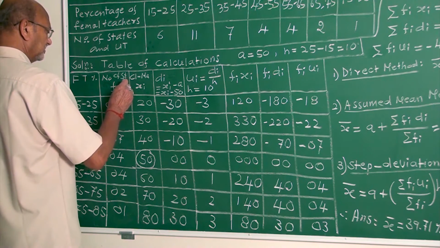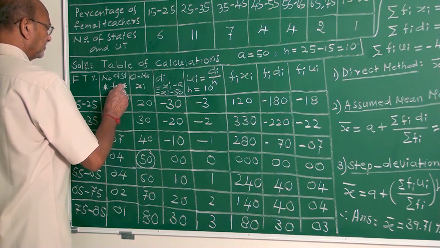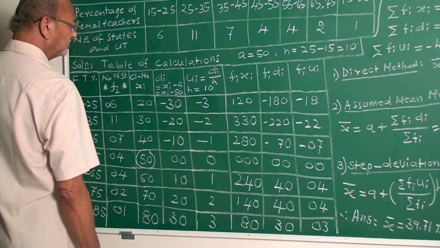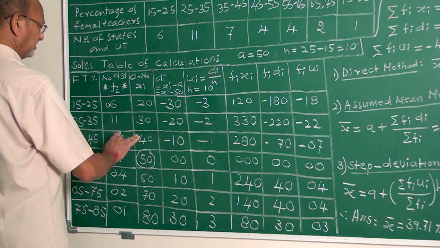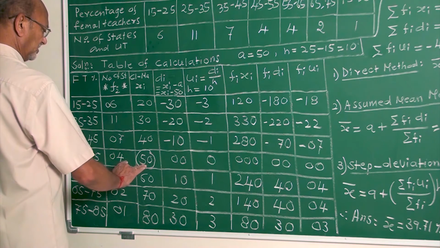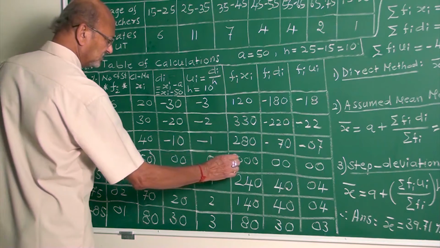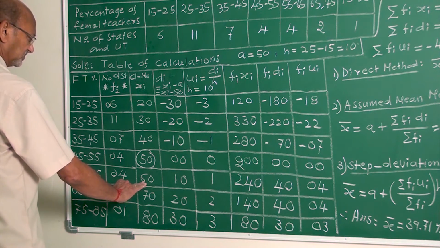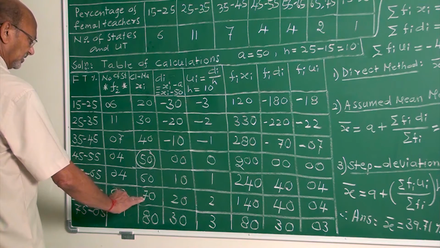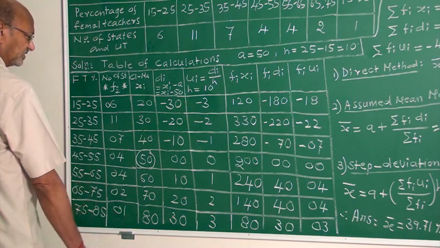Fi times xi: this is 120, 330, 280, 280, 200, 240, 140, and 80 into 1 is 80.